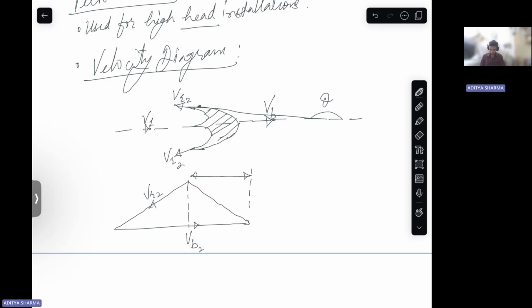This basically is your VW2, and this is your V2.